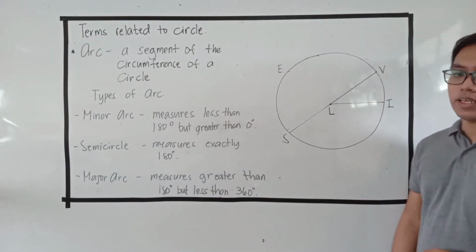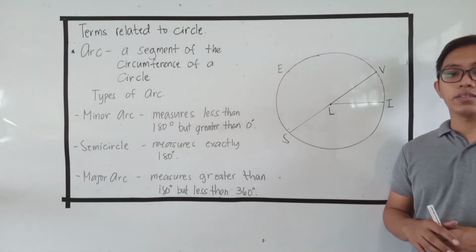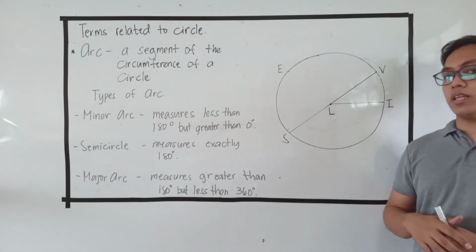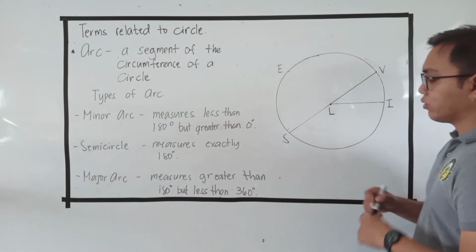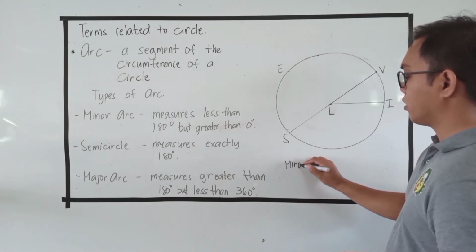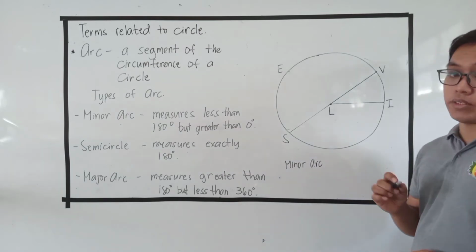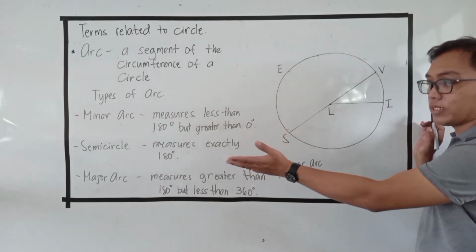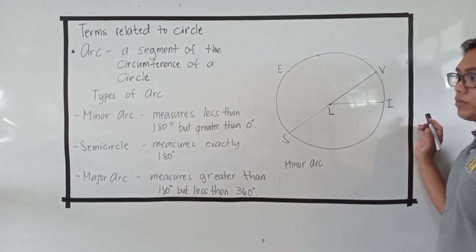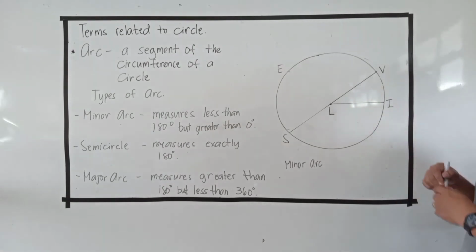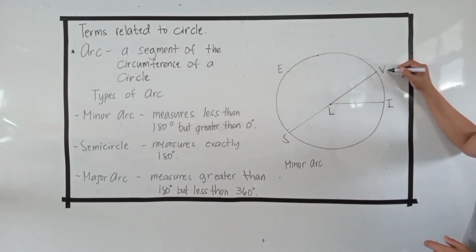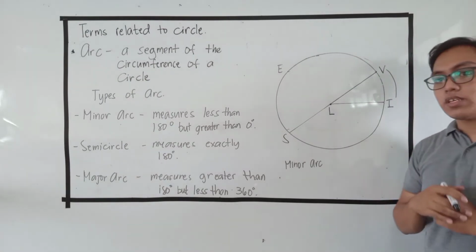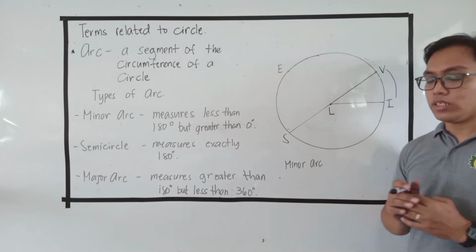Now, let's take a look at circle L and try to find examples of these arcs on our circle L. Let's try to find a minor arc. The measure must be less than 180 degrees, but greater than 0. So, this arc here, VI or IV, is less than 180 degrees.